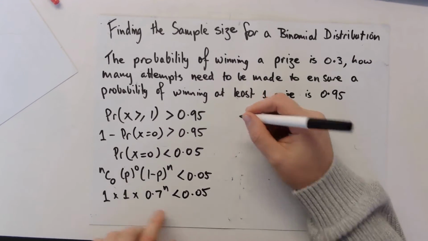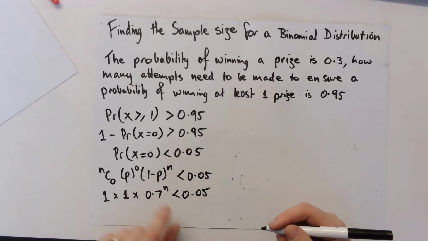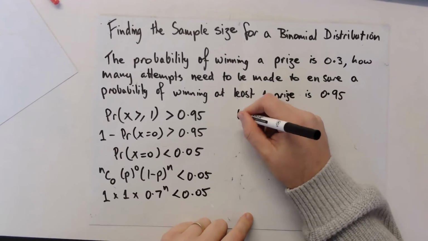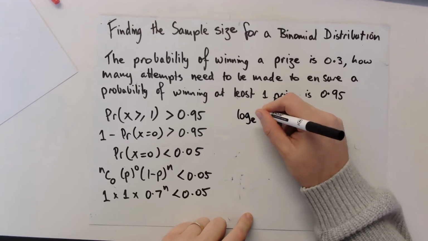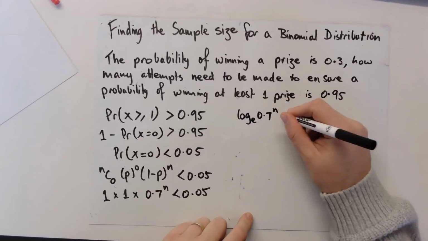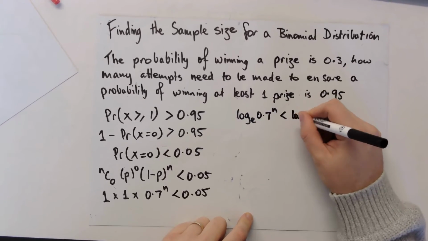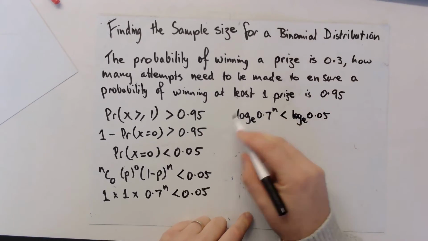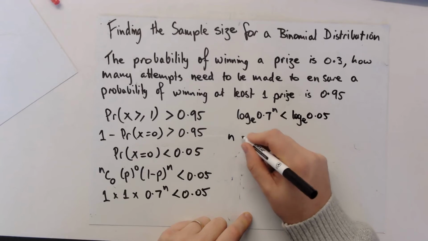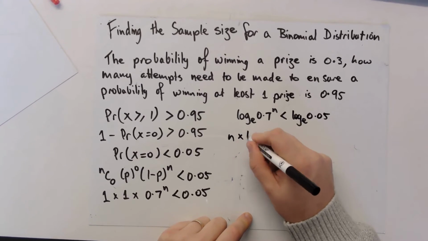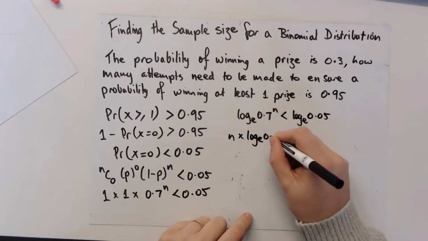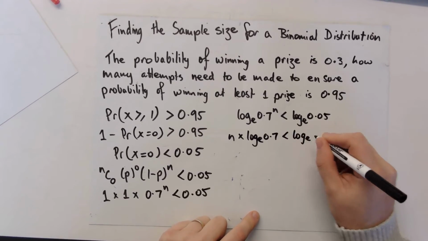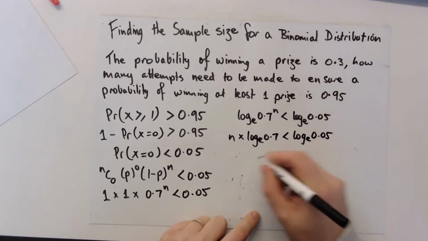So now we've got to solve 0.7 to the power n is less than 0.05, and we can actually do that via logs. Log to the base e of 0.7 to the power n is less than log to the base e of 0.05. We'll bring our n down the front, so it's n times log to the base e of 0.7 less than log to the base e of 0.05.